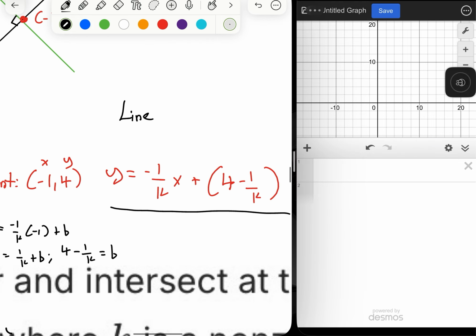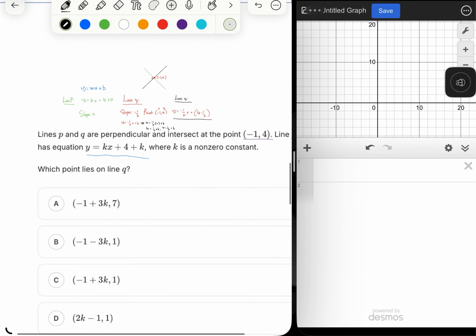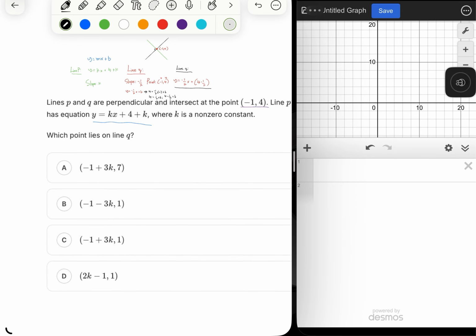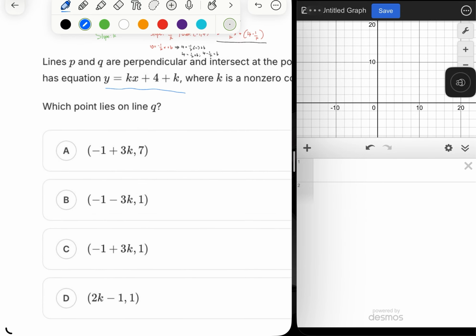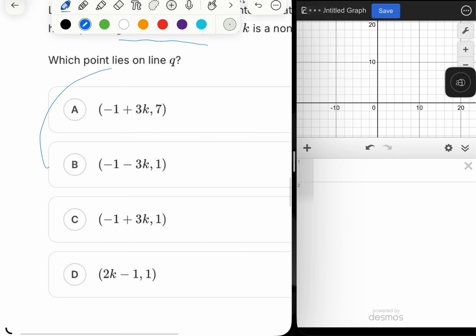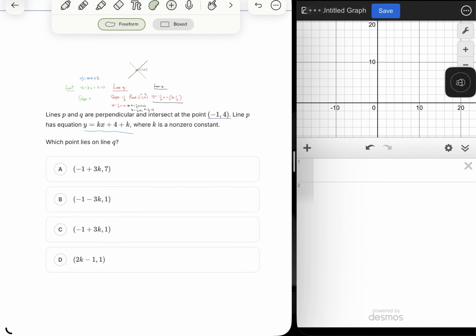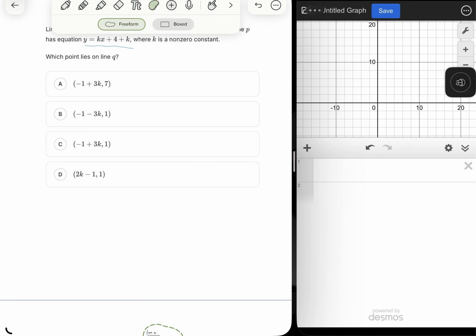We just found it. That's the equation of line Q. So we have done our job, we have chased that line, we have found the equation of the line. Now let's look at the actual question. It asks us to find which one of these points lies on line Q. Once again, this is line Q. I'm going to bring that down here.